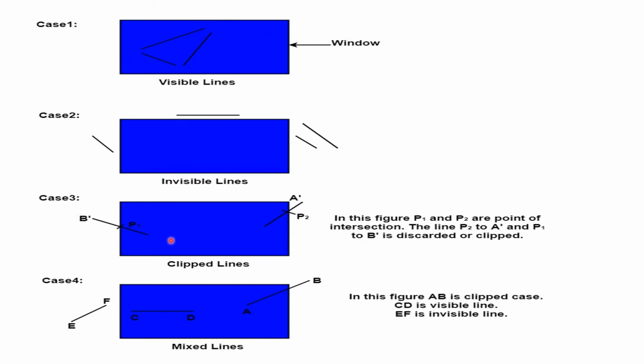So the lines are clipped. Then we come to case 4. Here we can see mixed lines. One line is completely inside the window and one line is partially inside the window. So here we can see both cases, that is visible line and invisible, and clipped also.